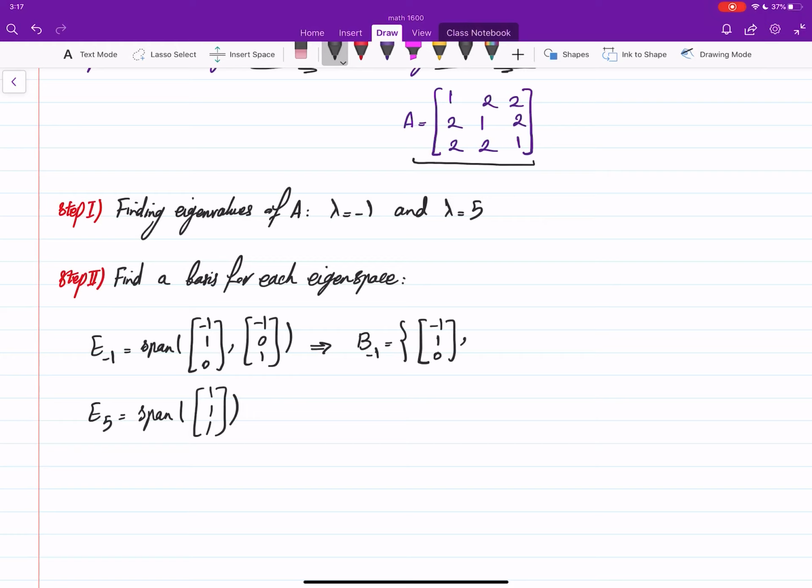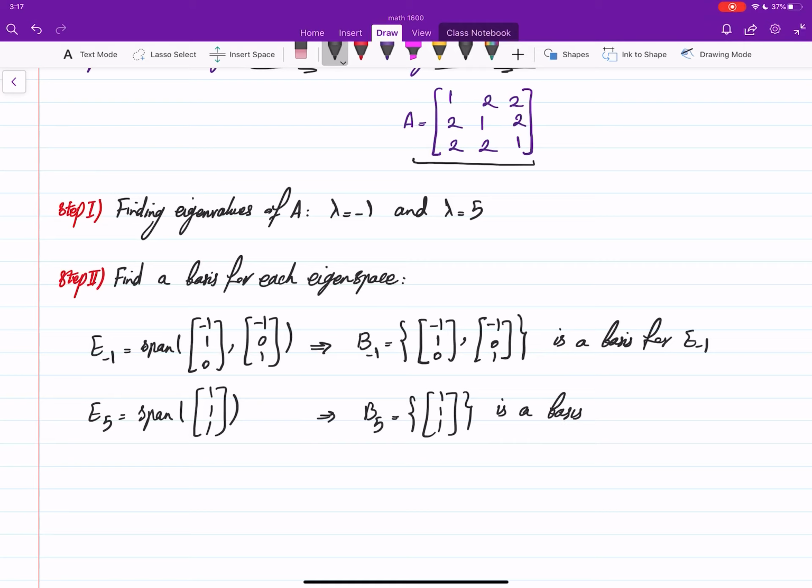These are independent vectors and they span the whole E of -1, so it is a basis for E of -1. From this one, B of 5 forms a basis, while (1, 1, 1) is a basis for E of 5.